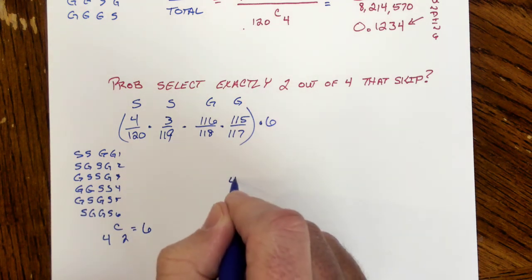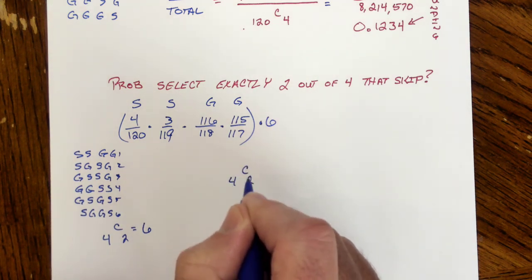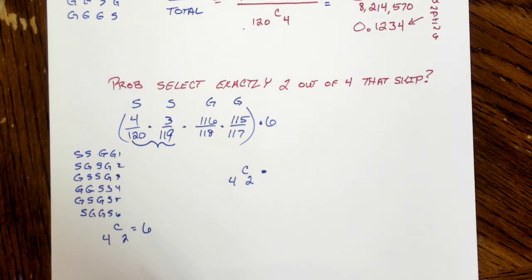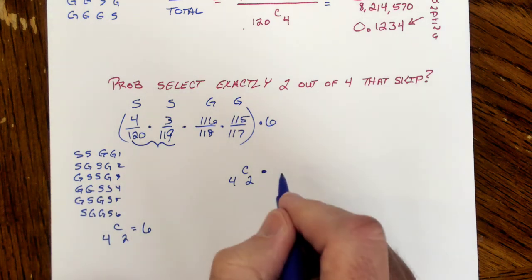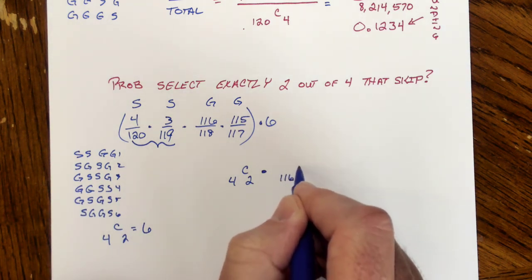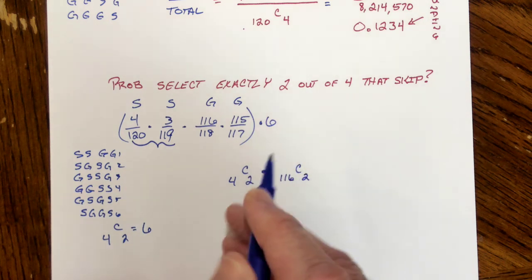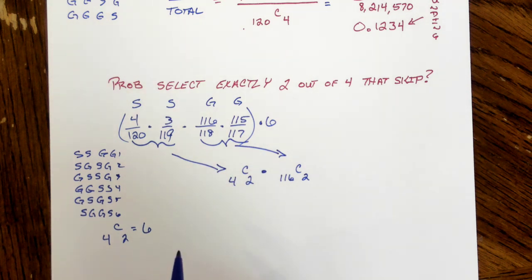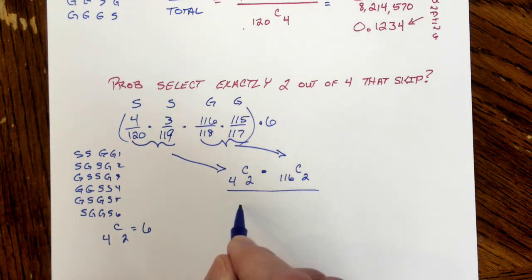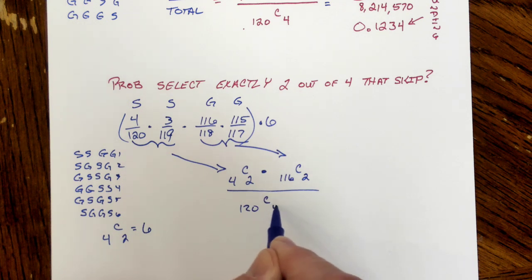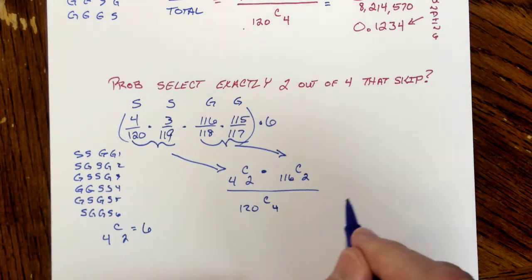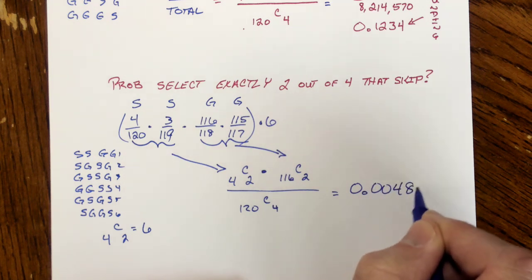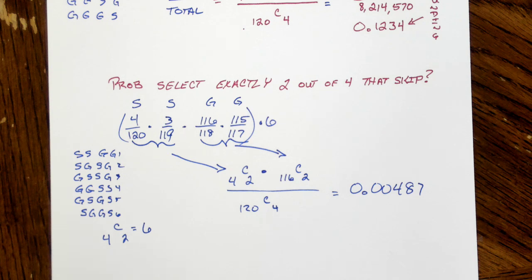We'll go 4 combination 2 that skip, times, that's that part right there. What's left? There's 116 good ones, and we need 2 of them. Out of, we're still taking, out of the 120, we're choosing 4 of them. Rounding my answer to there, there's what we have.